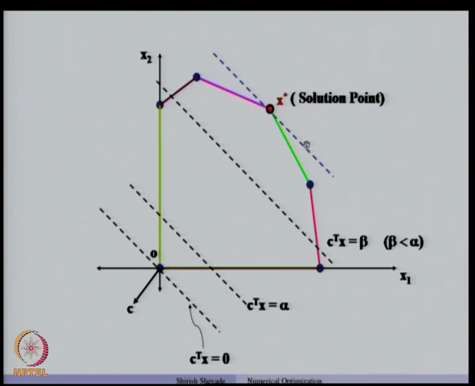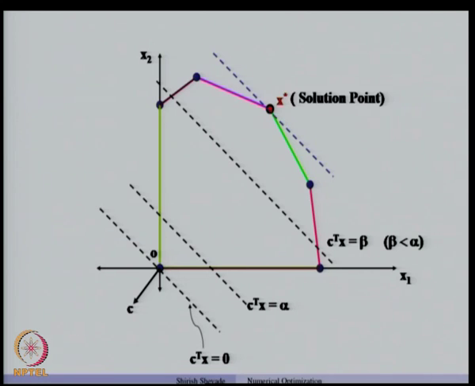Now, remember that if we move this hyperplane further, we will not satisfy the constraint set X. So, this point appears to be the solution point of the given problem, minimize C transpose X subject to this constraint set.